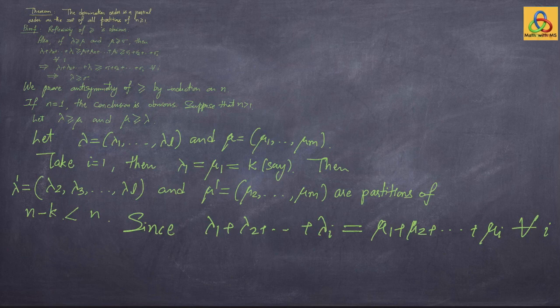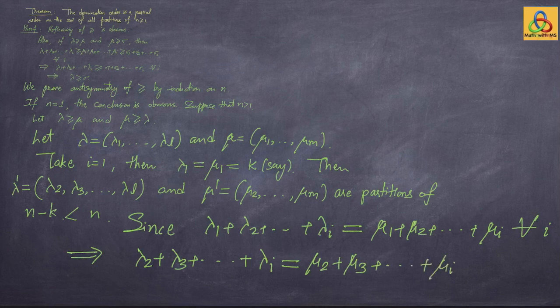But lambda 1 is the same as mu 1, we cancel it off, which implies that lambda 2 plus lambda 3 plus so on plus lambda i is the same as mu 2 plus mu 3 plus so on plus mu i for every i. What does this imply? This implies that for the new partitions lambda prime and mu prime, we have lambda prime is bigger than or equal to mu prime and mu prime is also bigger than or equal to lambda prime.